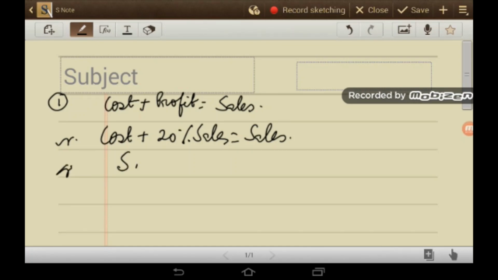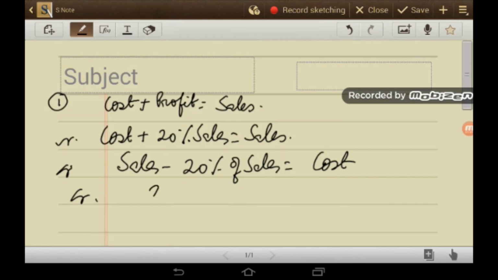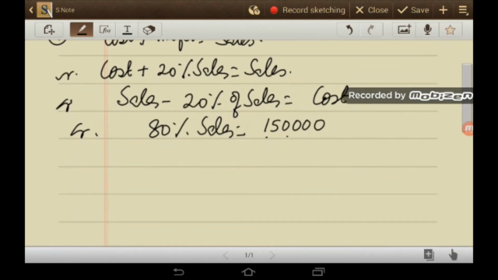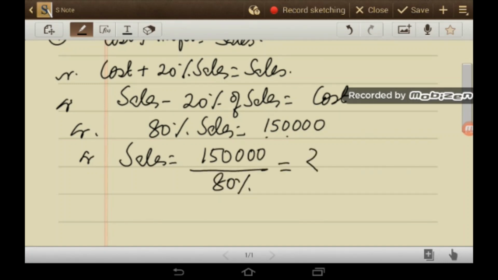So sales minus 20% of sales is equal to cost, or 80% sales is equal to 1,50,000, or sales is equal to 1,50,000 divided by 80%. So this gives 1,87,500.